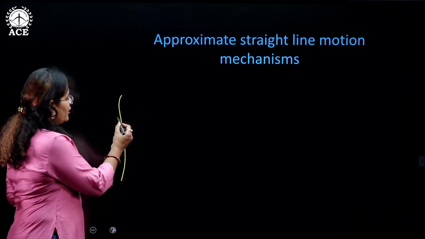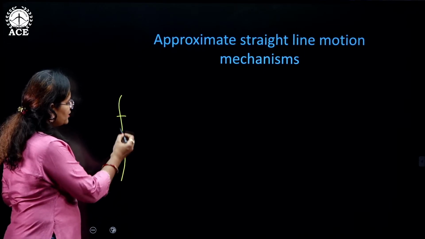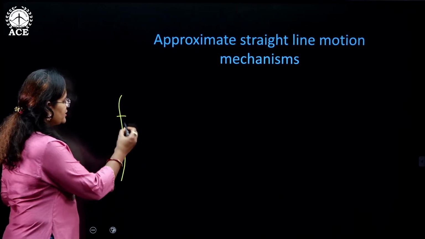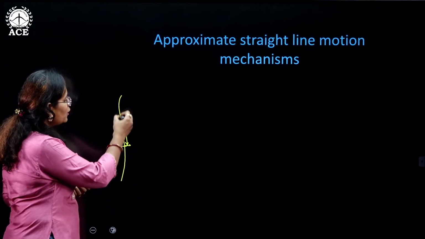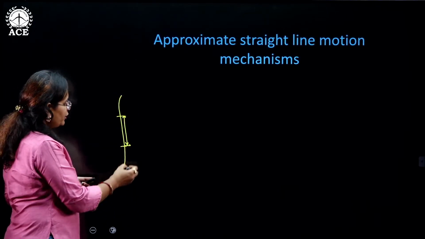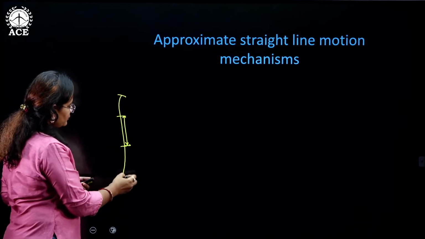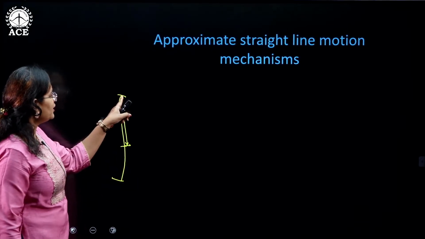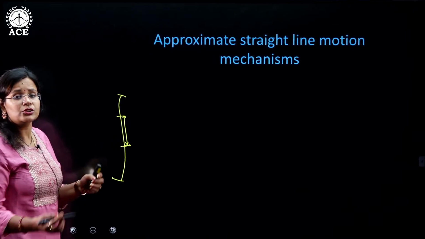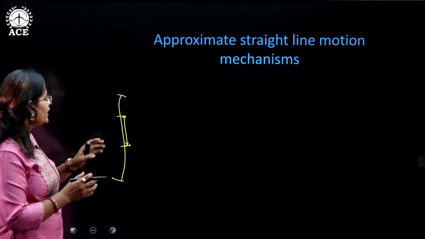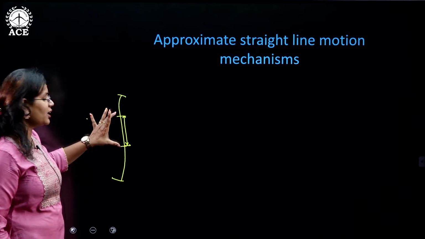How is it possible? If I consider the part from here to here, it is definitely a straight line. But if I consider the whole part from here to here, it is definitely comprising certain curves. So of course it is not a straight line. So it is a combination actually. It depends on how much part we are considering.